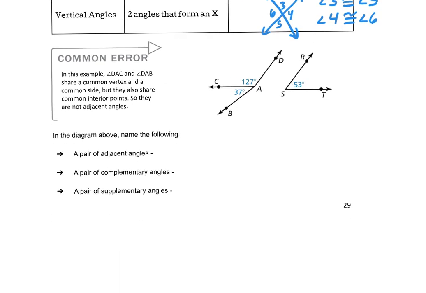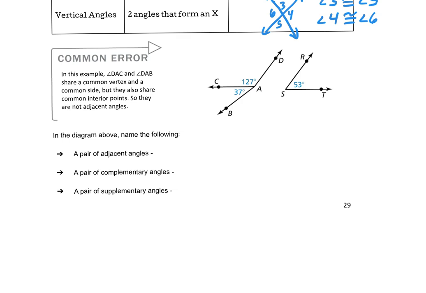Okay, going down here to this picture. DAC and DAB are two different angles, okay? And I'm talking about the common error here. Even though they share a common vertex, they don't share a common side.